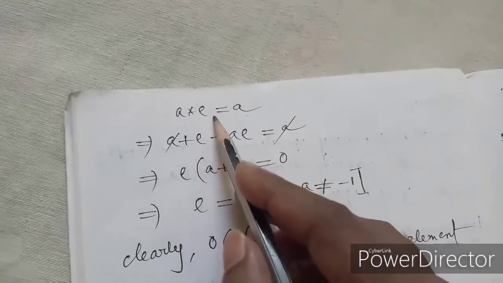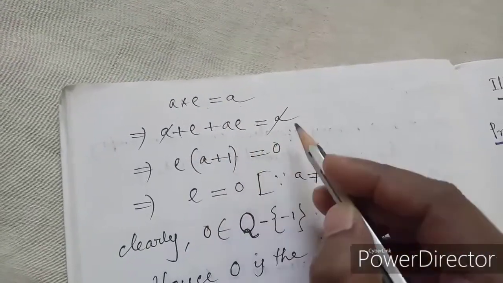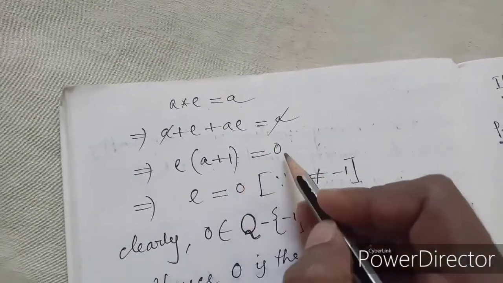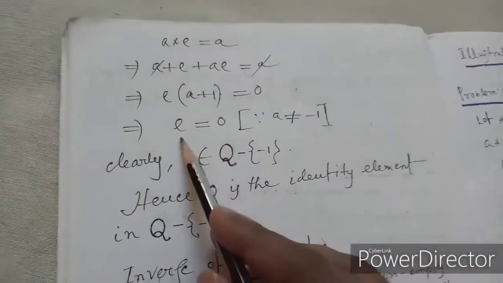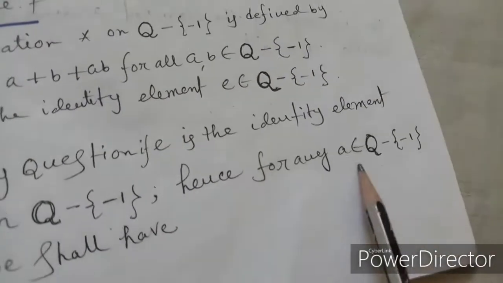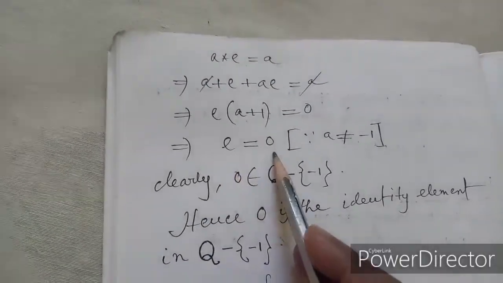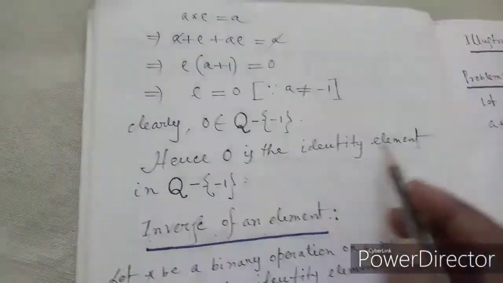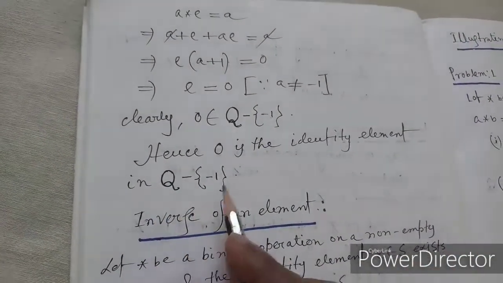Now a star e means a plus e plus ae equals a. a cancels out, e common, e(a plus 1) equals 0. So e should be equal to 0 since a is not equal to minus 1 as a belongs to Q minus {-1}. So e should be 0, and that belongs to Q minus {-1}. Hence 0 is the identity element in Q minus {-1}.